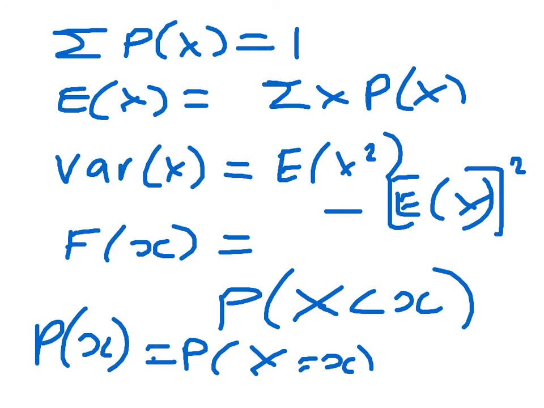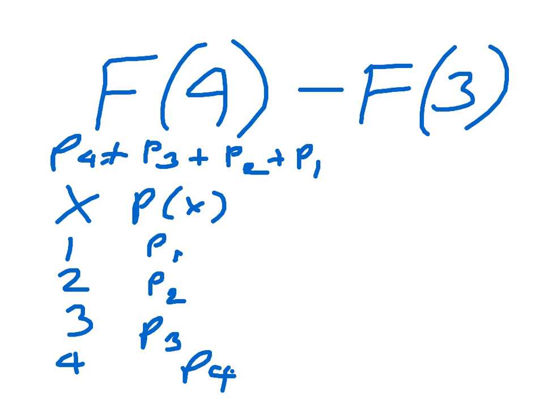So I point out here the meaning of F of 4 minus F of 3. Now F of 4 means all probabilities up to and including 4. So let's say we can have probabilities of 1, 2, 3, and 4. And F of 3 would be the probabilities of 1, 2, and 3. The difference would leave p of 4.